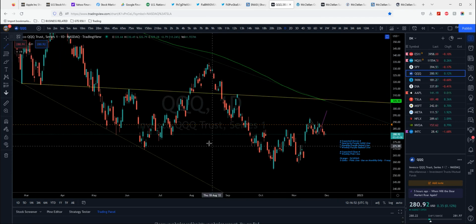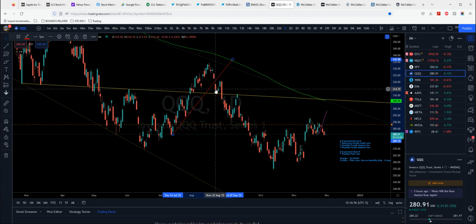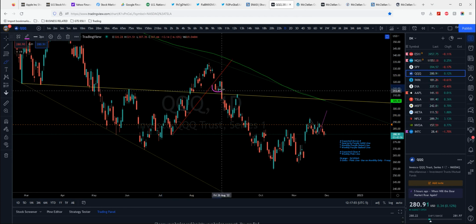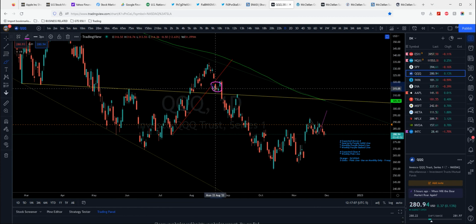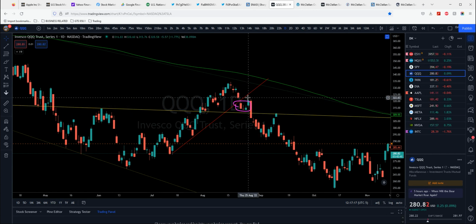So August 22nd, 23rd, exactly these two candles, is the time when the trend changed. It also coincides with the breakdown below our support, which became resistance.